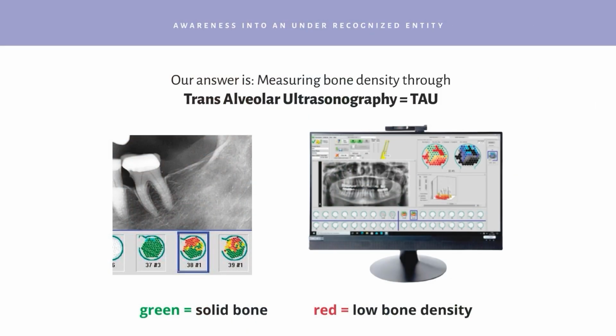The answer is measuring bone density and checking for cavitations through transalveolar ultrasonography. The abbreviation is TAU. And this is what our new TAU device will show you.